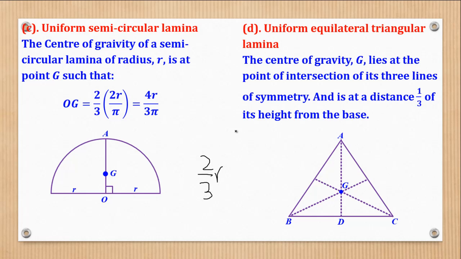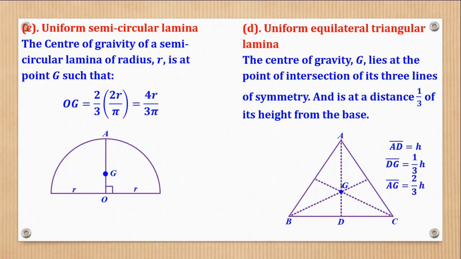You remember when we said this approximates to a triangle with r, and this center of gravity is 2 over 3r. Why? Because if from here to here is 1 over 3, then the balance should be 2 over 3 from the vertex. Therefore, if we are measuring center of gravity from a vertex of a triangle, it will be 2 over 3 of the length of the median. Then if you are measuring it from the base, then it will be 1 over 3 of the length of the median. As simple as that.